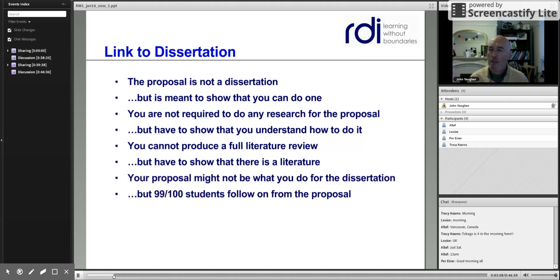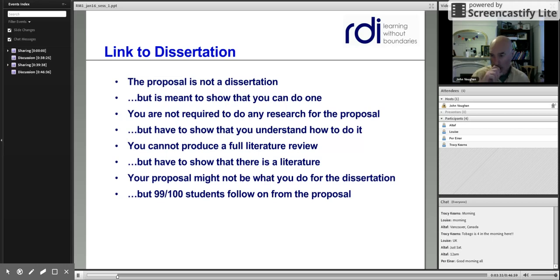It isn't mandatory that the proposal that you submit becomes your dissertation, but virtually everybody does that. So it just echoes the point that I made, that when you do this, one of the things that you do need to do is to bear in mind this is a small piece of a much bigger one that you'll be doing.